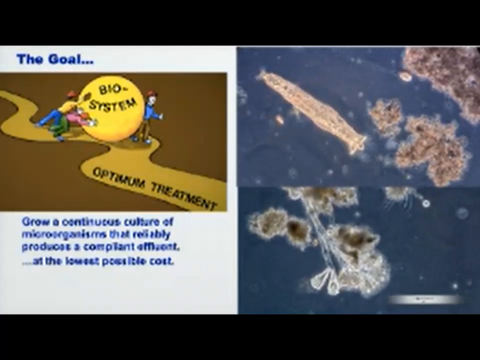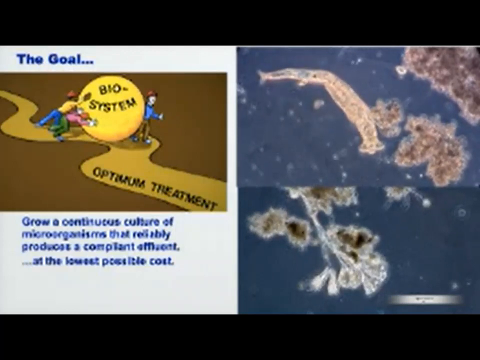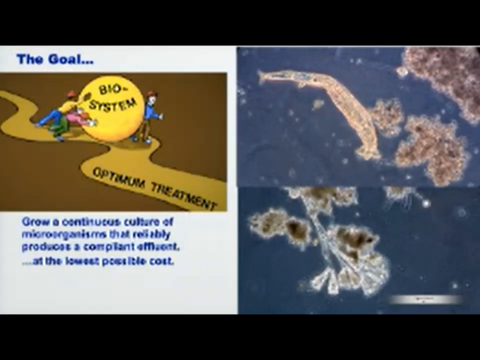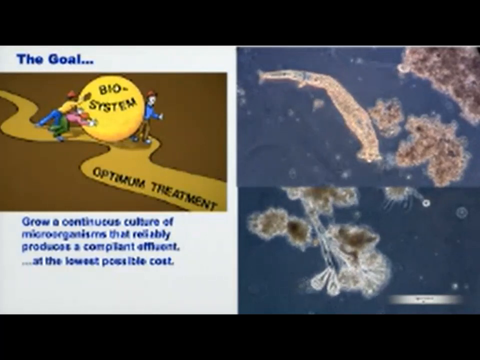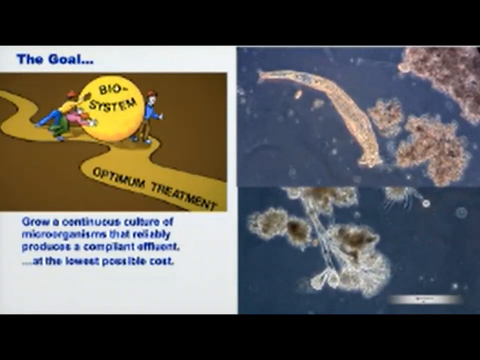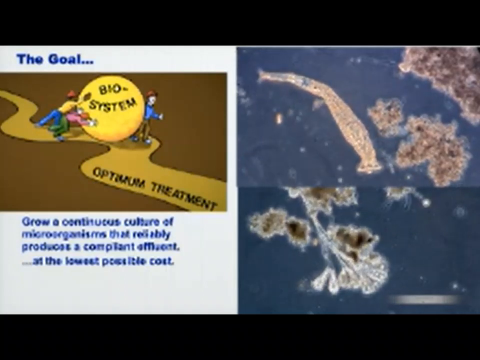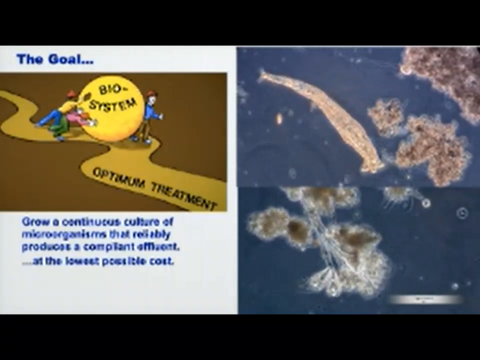We don't know what's coming down the sewer, and so as operators, we want to have a design flexibility and the operational skill set that says, okay, we want to try to stay in some optimum piece, but our road is going to move. We're driving on a windy road. All right. So we do that by maintaining what we call a continuous culture. A continuous culture of microorganisms that produces a compliant effluent, right? We're going to meet permit. And let's remember, it's at the lowest possible cost.